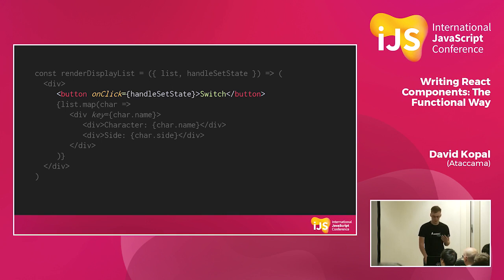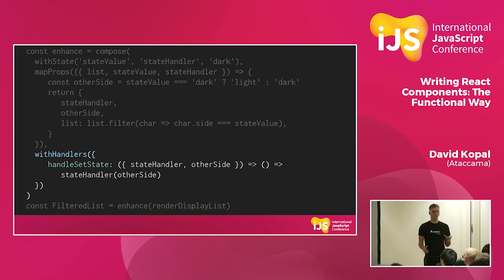But with handlers, it's much more useful because in a real world example, you have much more than one handler in your component. And the cool thing about with handlers is that you can put all your handlers inside with handlers. First, they are optimized. And secondly, if anyone from your team comes to your code and needs just to check with handlers, he sees all the handlers that have been used in the component.